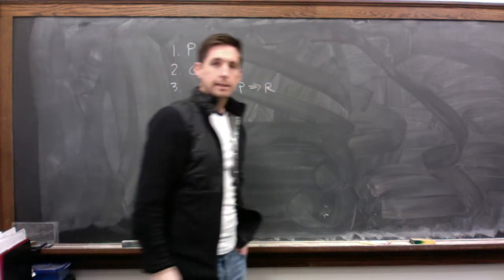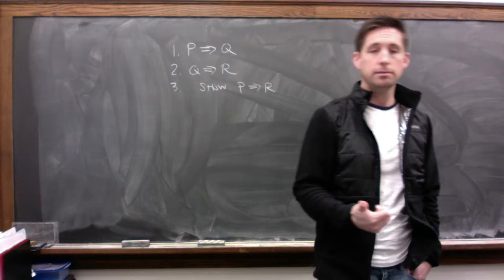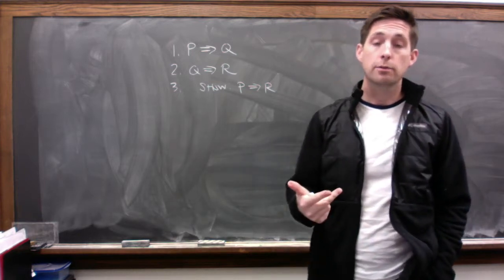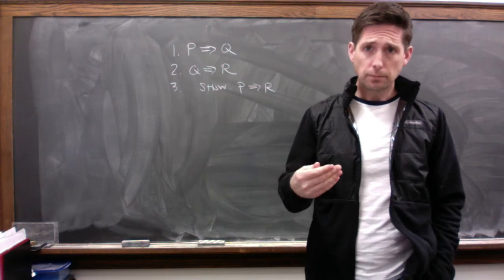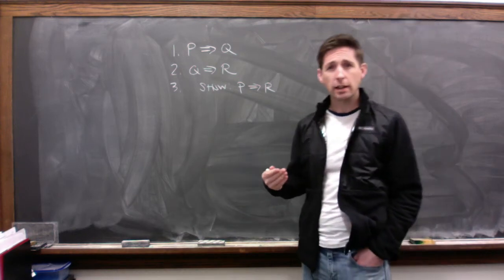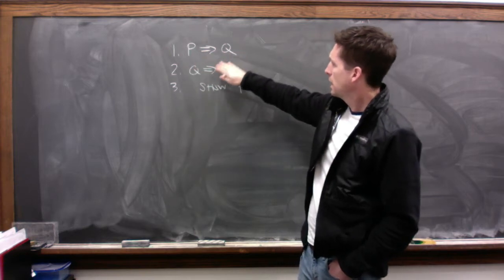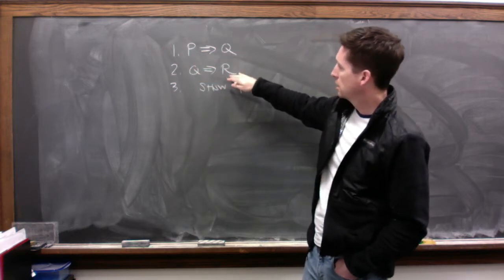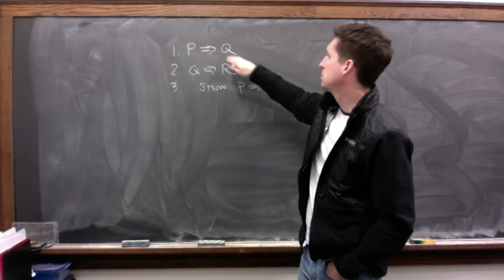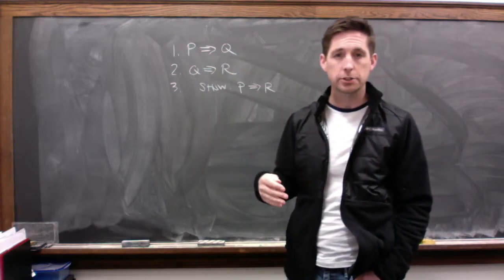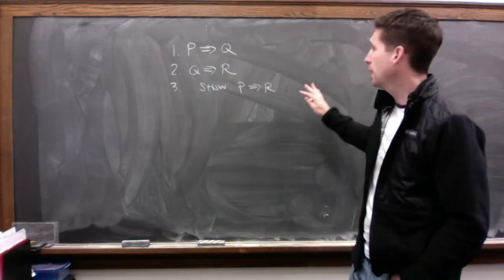So this argument says, premise 1, if P then Q. Premise 2, if Q then R. Therefore, if P then R. And if you think about it, that's a valid argument. That is, if you know that P entails Q, and you know that Q entails R, then if you know that P is true, you know that R is true. It's kind of like the transitive property for conditionals. So this is definitely a valid argument here.